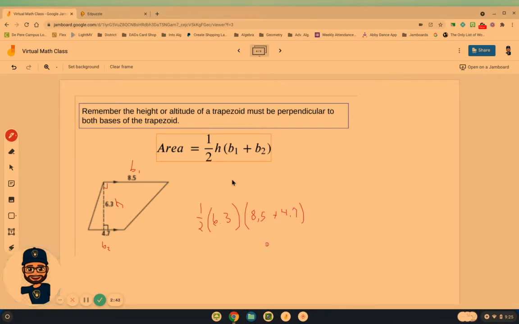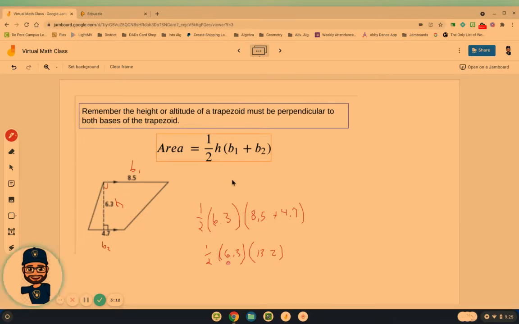So you can follow order of operations, do these one by one, or you could also go to Desmos and type in that whole line into Desmos if you wanted to as well. Either one of them is okay. If I add those two together, I get 13.2 times the 6.3 times 1/2. And so that's all being multiplied, so we can do that all in one step.